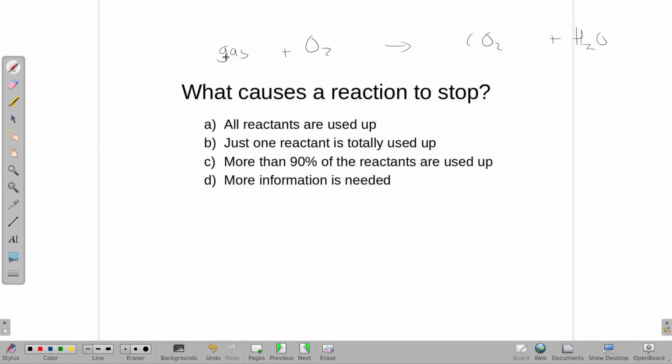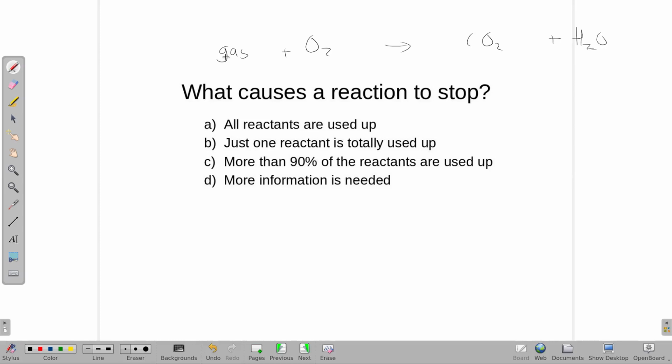So it's not so much that the reactant is used up, it is technically used up in the engine, but that's simply because you stop putting it in. But that's actually what typically stops a reaction, is you use up one of the reactants. All right, that creates a nice little dilemma. There are going to be times when you only use up one of the reactants.